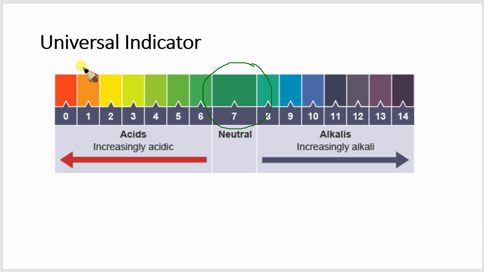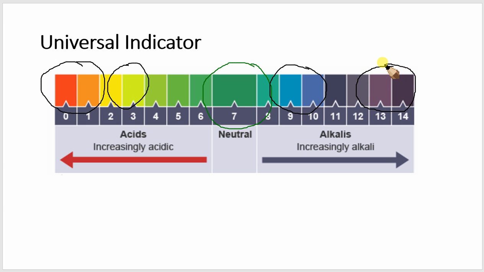What's worth remembering is strong acids are already orange colour, but the weaker acids become more yellow. Also worth remembering is that the weak alkalis are a bluey colour. The stronger alkalis go to a much darker blue to purple colour.